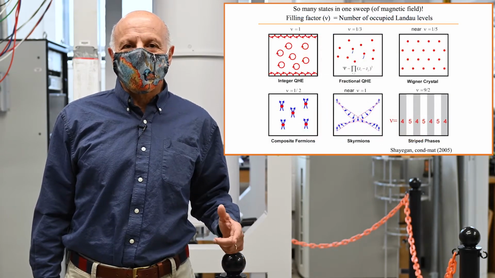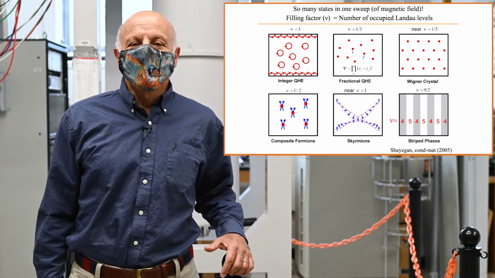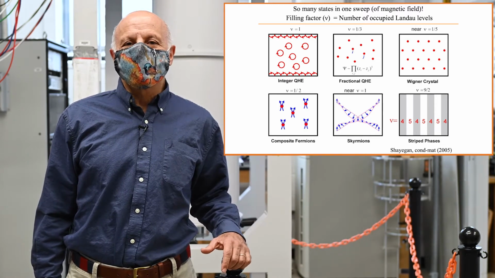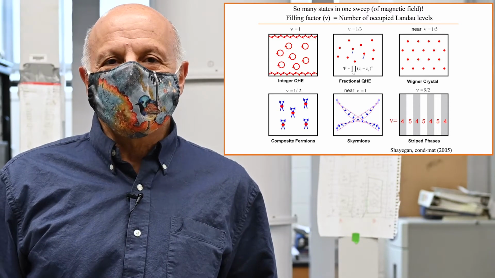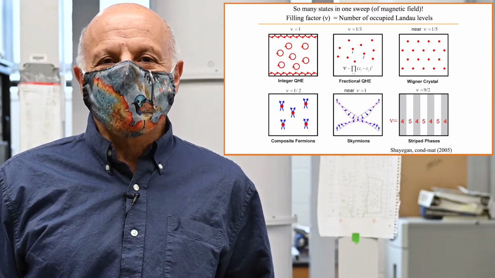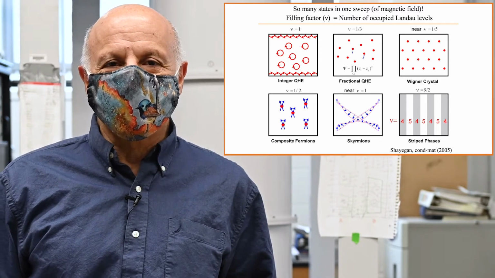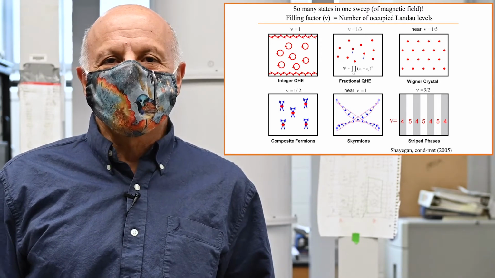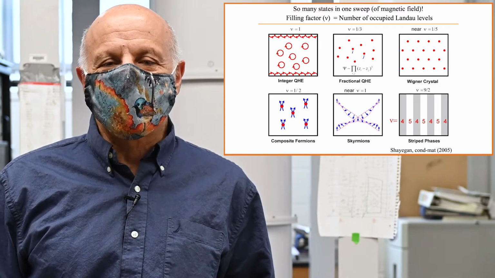The next slide here shows you some of the exotic phases that we are interested in. An extreme example is shown on the upper right picture. And there you see a Wigner crystal. This is essentially an ordered array of electrons. So the electrons like to form the structure to minimize the mutual Coulomb repulsion among themselves.